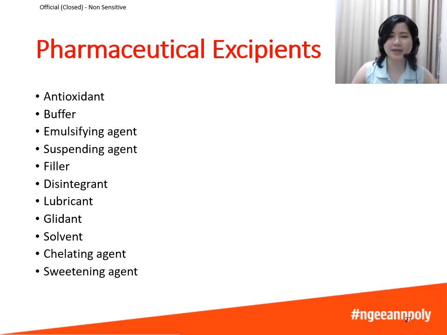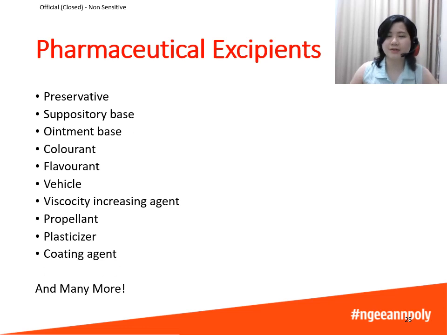Just to give you a peek into the many different types of excipients, some of them are listed in these two slides. We will be covering their uses in the different dosage forms in the upcoming topics.